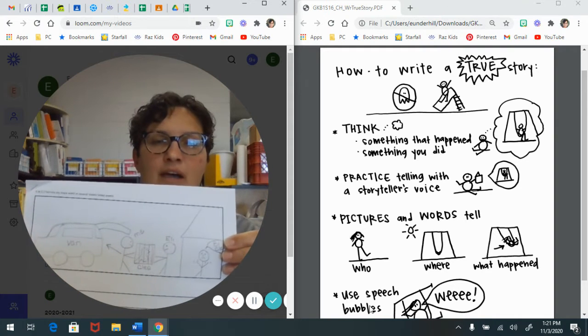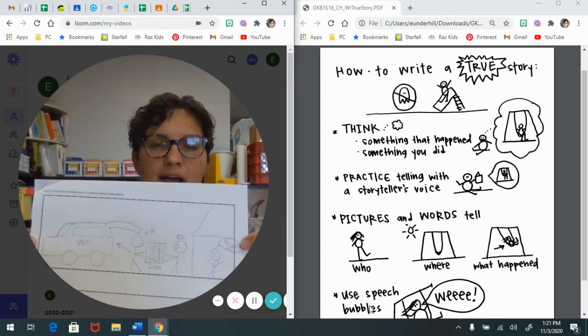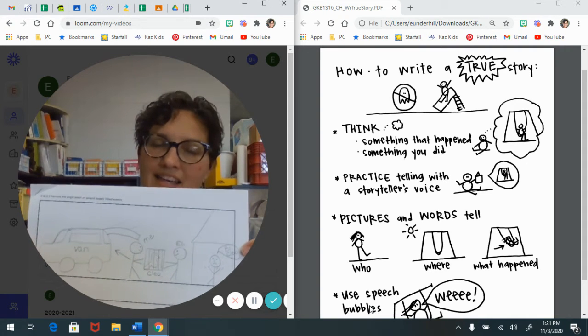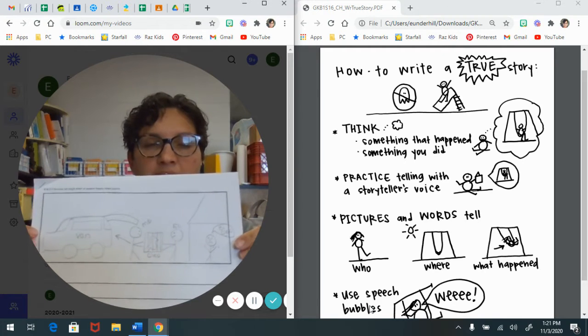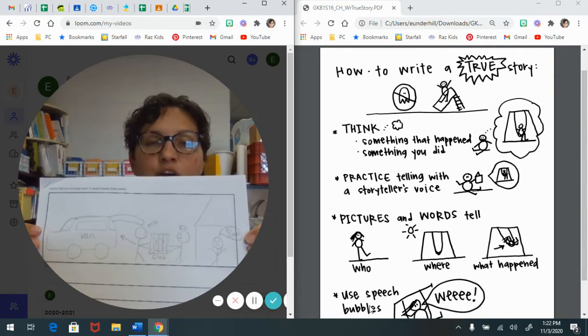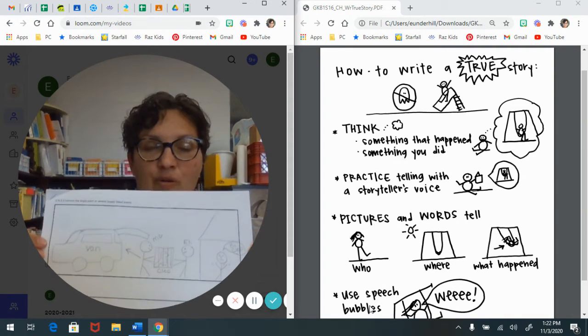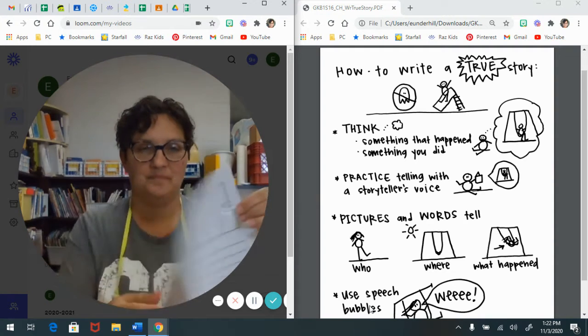And I also added a speech bubble over here. And that person is saying, "Bye, Cleo." And on this page, this is where me and my son Eli went and picked up Cleo over fall break to bring her to our house.